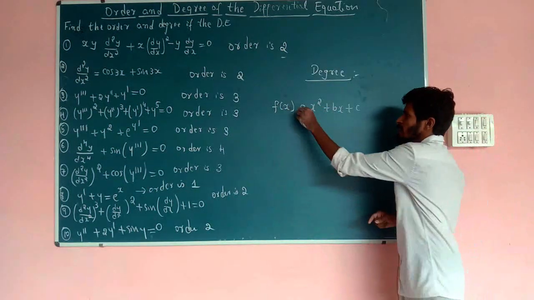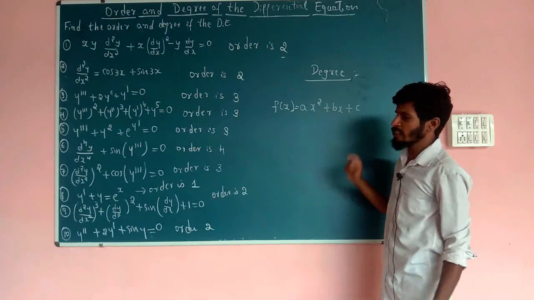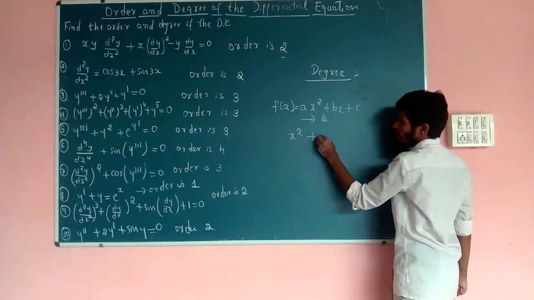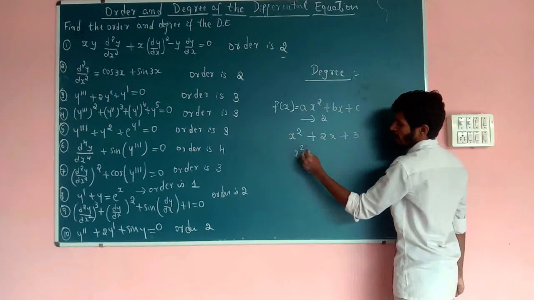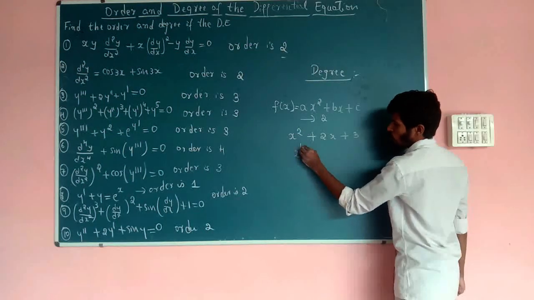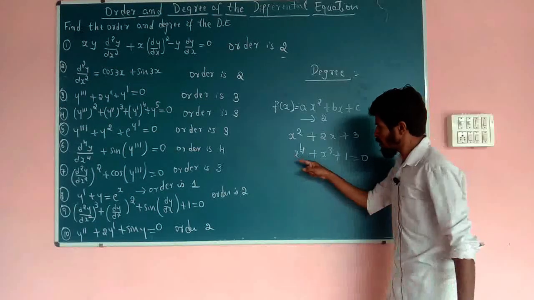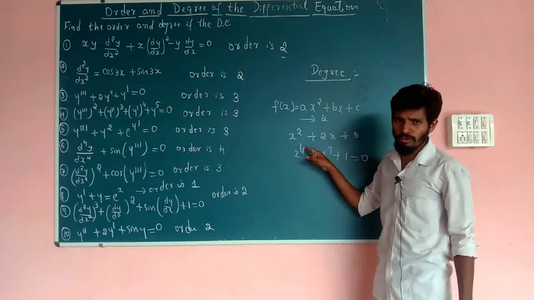The degree of this equation is the highest positive integral power of x, that is x square. Degree is 2. I write x square plus 2x plus 3, the degree is 2. For x to the power 4 plus x cube plus 1 equal to 0, the highest positive integral power of x is 4. Therefore, the degree is 4.